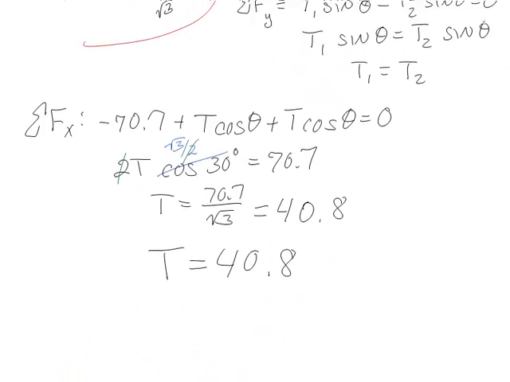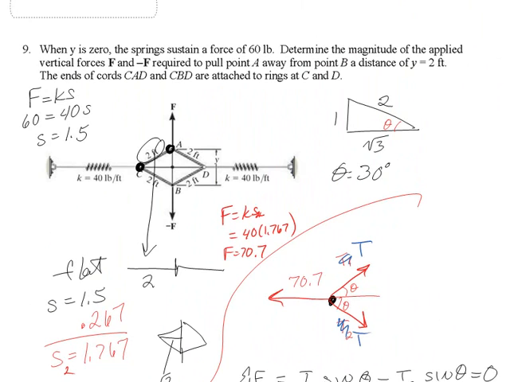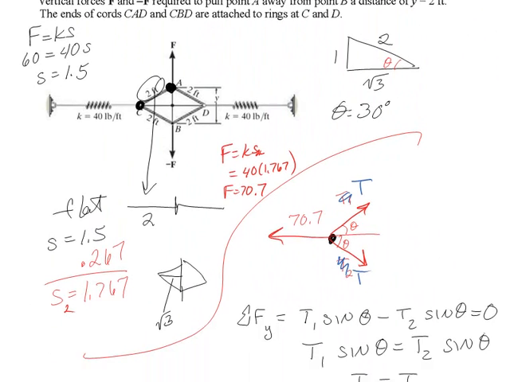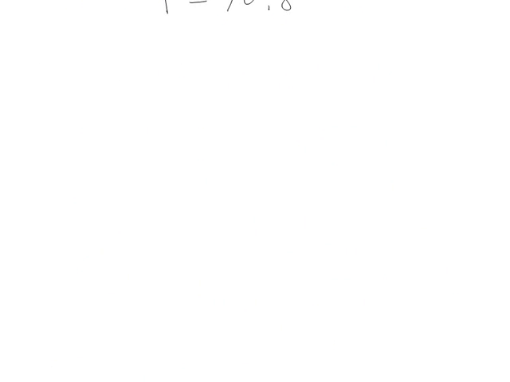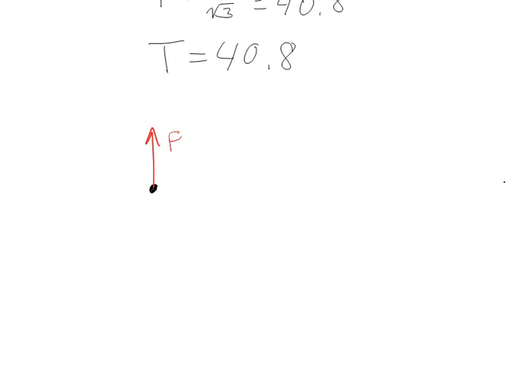Okay, so to find the force, I'm now going to focus on this knot right here. If you remember the picture, I have a force F, which is the force that I'm trying to find, and I have a tension here, which is 40.8, and I have another tension here, which we're going to call T3. Now, by the same logic as before, the angles here are going to be 60, because the smaller ones were 30.